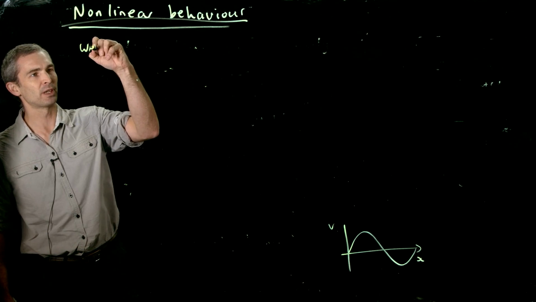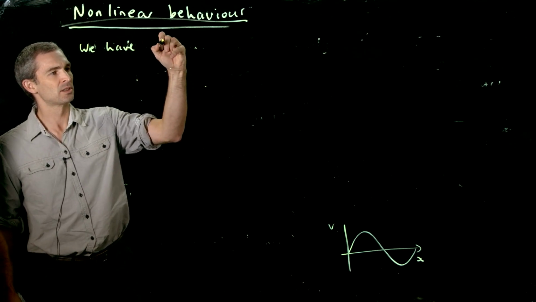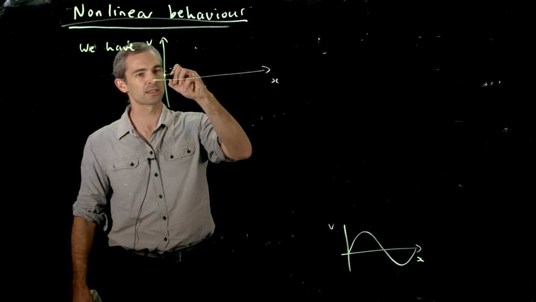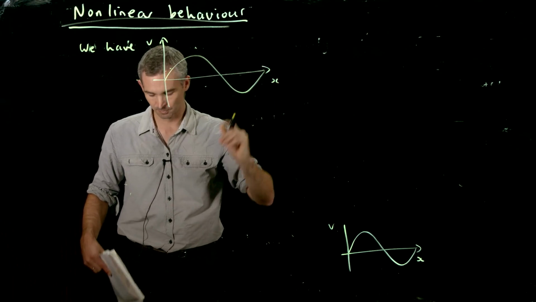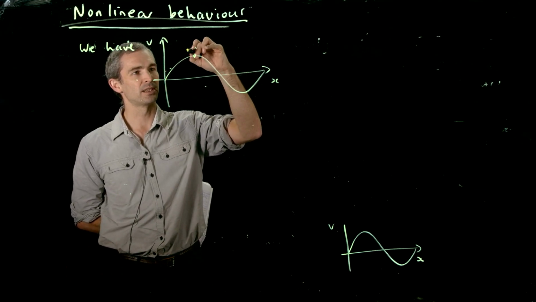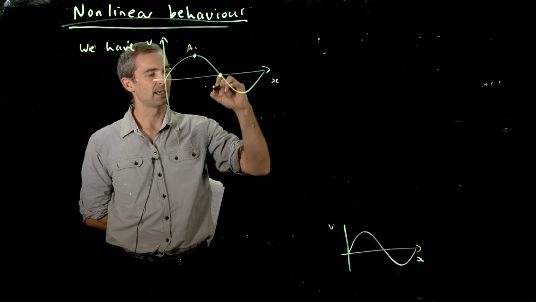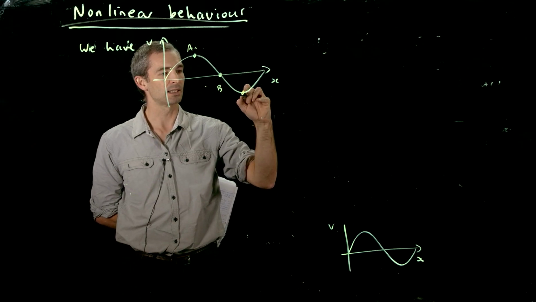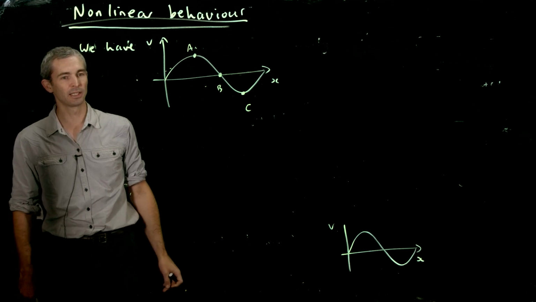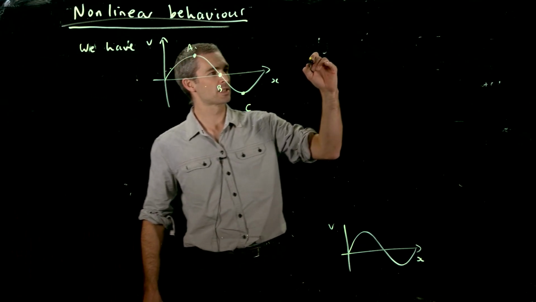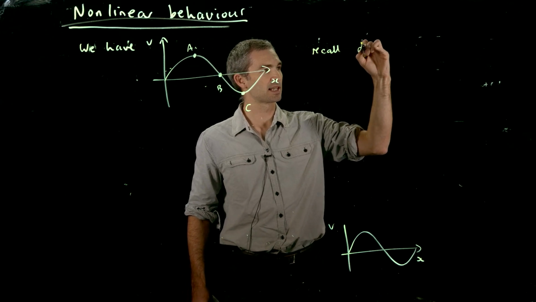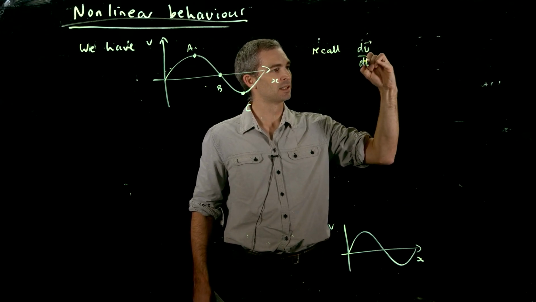So we have the following. This is just what I drew down below. Velocity is a function of x and some sine function. And let's consider three different places sitting on this wave: A, B, and C. Now for each of these, we recall that each has dv/dt equals 0.